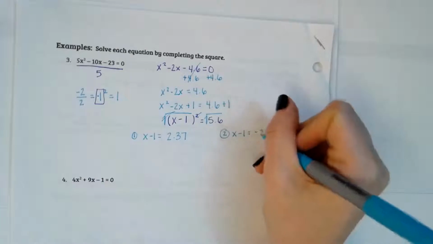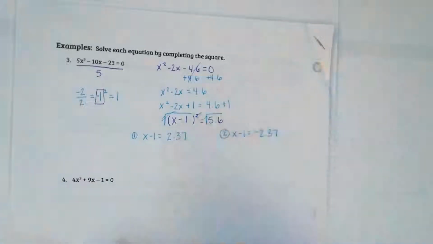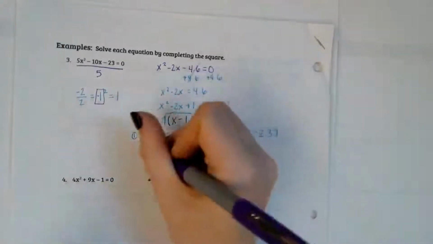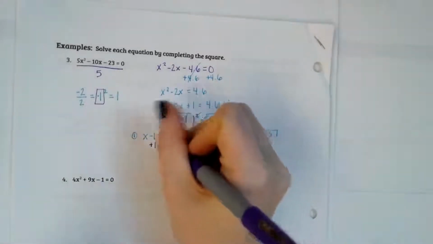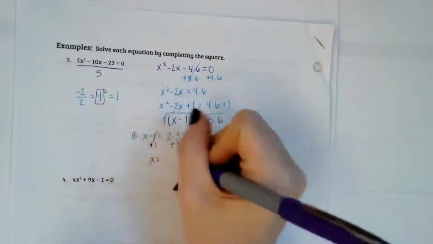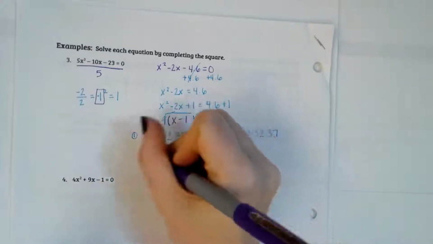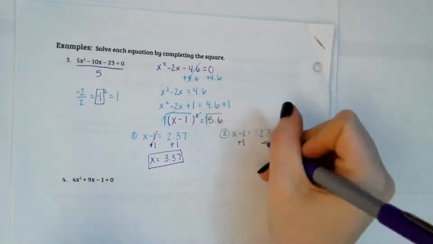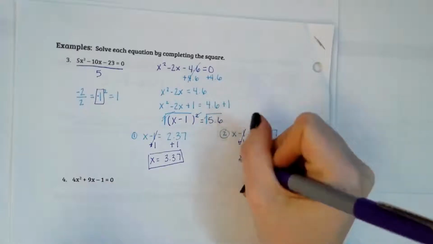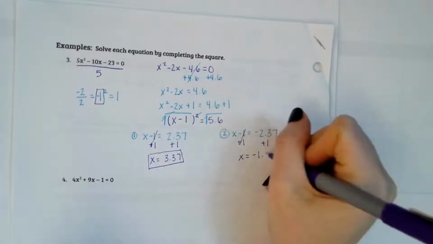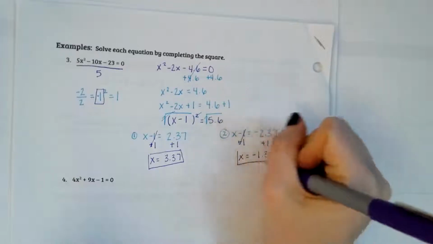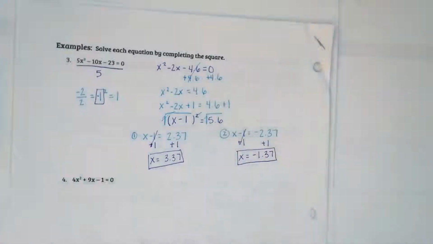So then the negative 2.37. So I add 1. Add 1. And that's it.